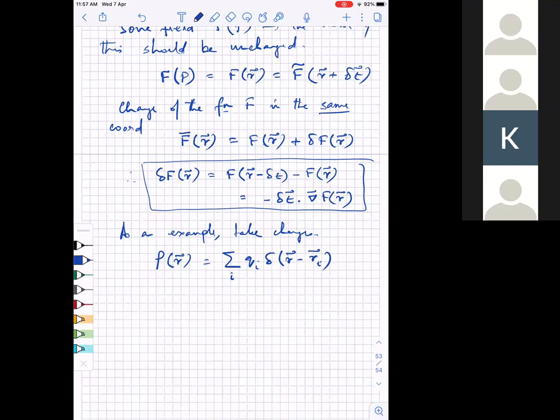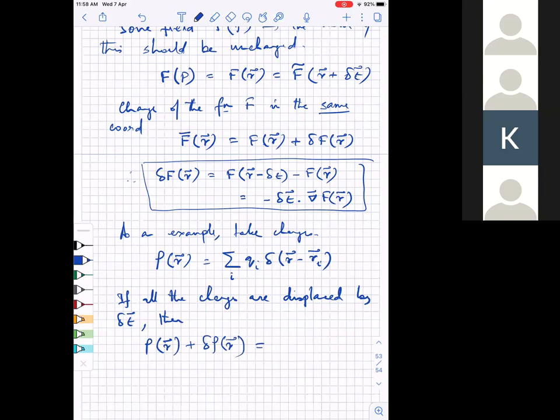Now, if every charge is displaced by a small displacement delta epsilon, then we will have a new charge density, rho of r plus whatever my delta rho of r.